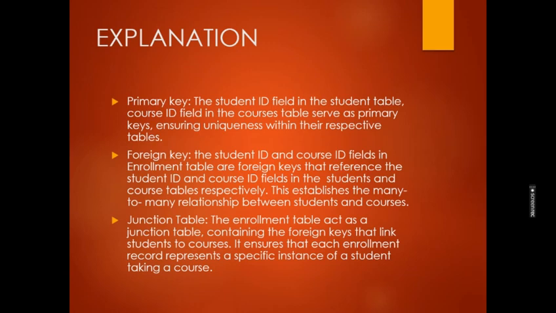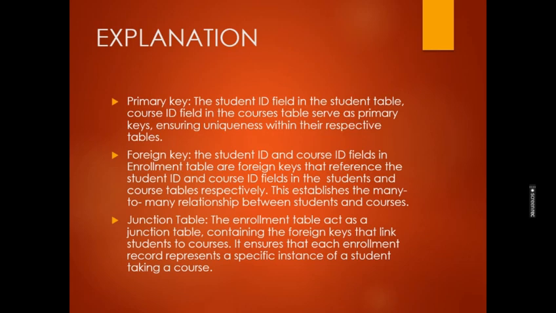Then we have explanations for the tables being created. We see that the primary keys are the student ID field in the student table and the course ID field in the courses table. These serve as the primary keys, ensuring uniqueness within their respective tables. Then under foreign key, we have the student ID and course ID fields in the enrollment table.